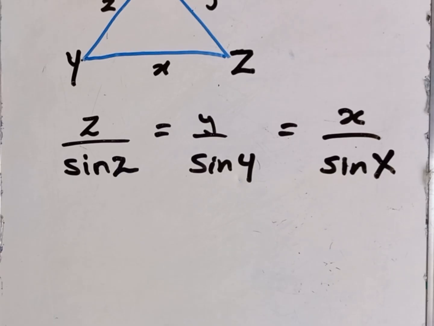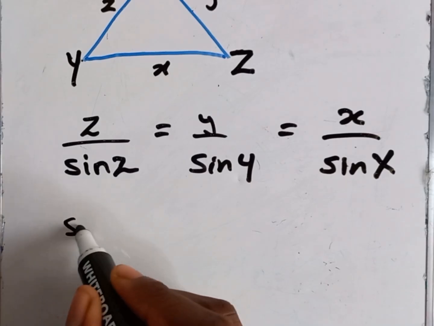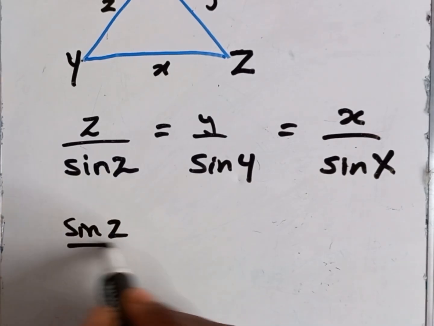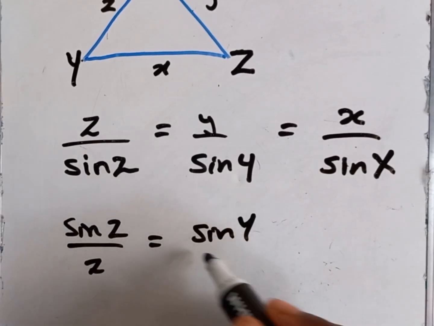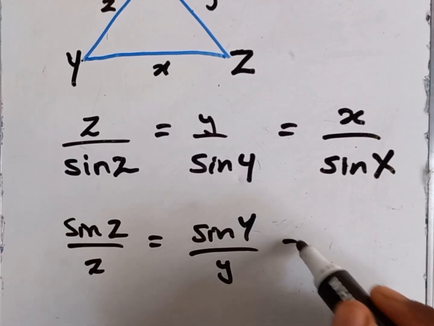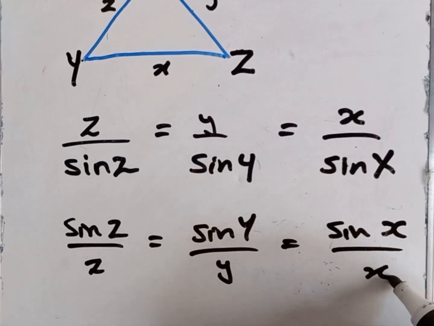So this is our formula. And then similarly, when you want to find the value of the missing angle, we write sine z over small letter z is equal to sine y over our small letter y, which is equal to sine x over our small letter x.